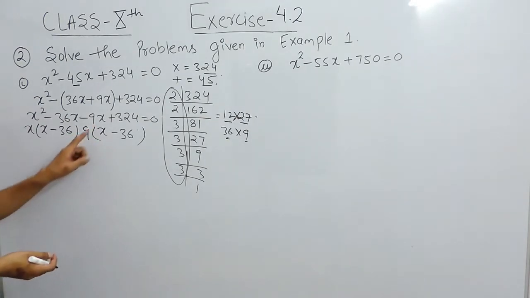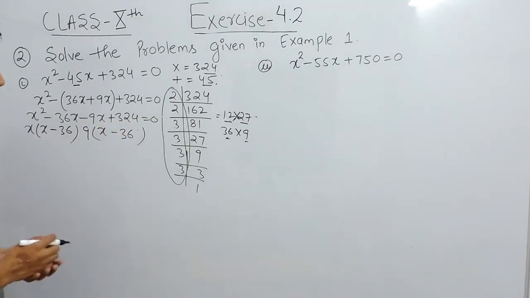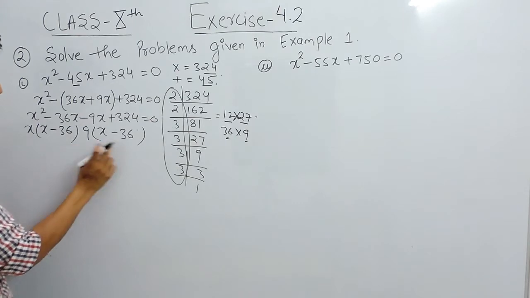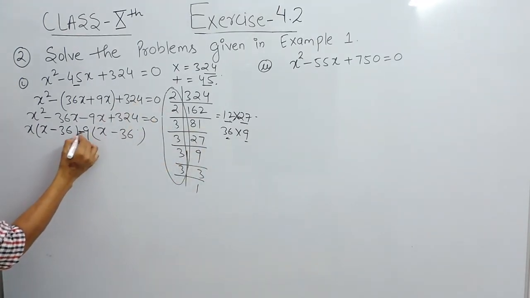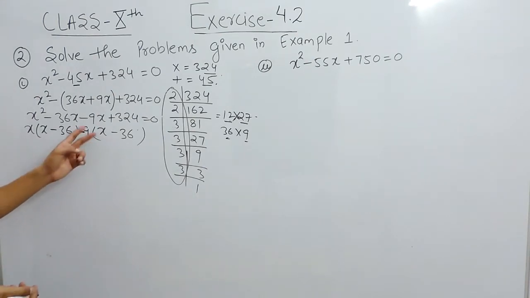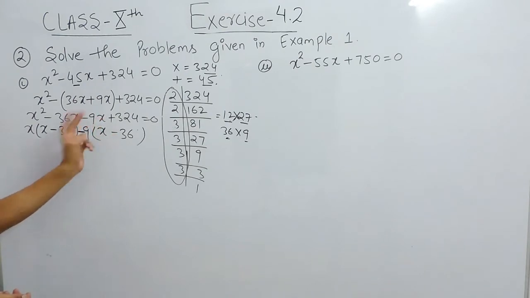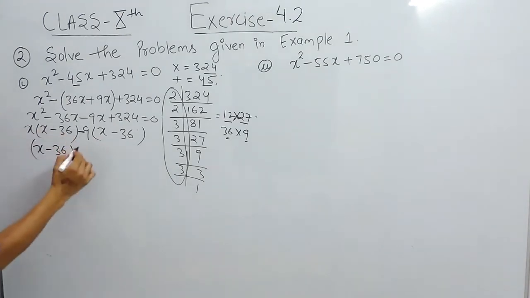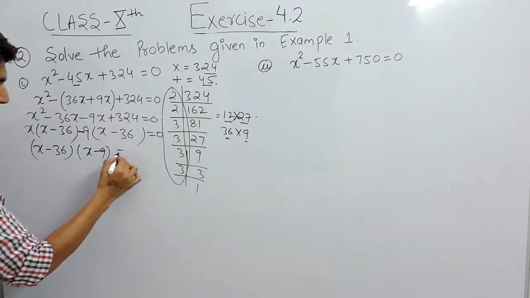Taking 9 as common, from 9x only x will remain inside, and from 324, if 9 is taken out, only 36 will remain inside the bracket, with a negative sign. Then the negative and positive signs will change. So now from the first two terms you can take x minus 36 as common, and from the other two x minus 9, and the value of this equals 0.